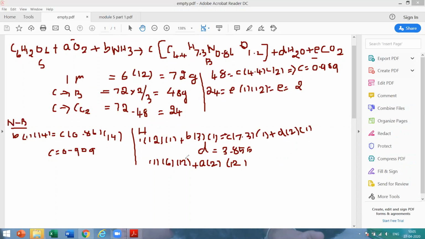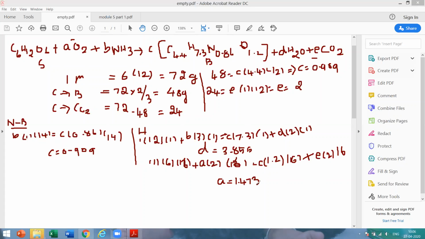Sorry, 16, right? Oxygen is 16. A into carbon is 12, oxygen is 16. A into 2 into 16 is equal to again C into 1.2 into 16 plus E into 2 into 16. Okay, so now we will get A is equal to 1.473. Okay, A is equal to 1.473.